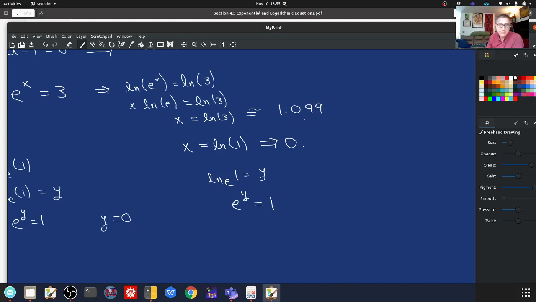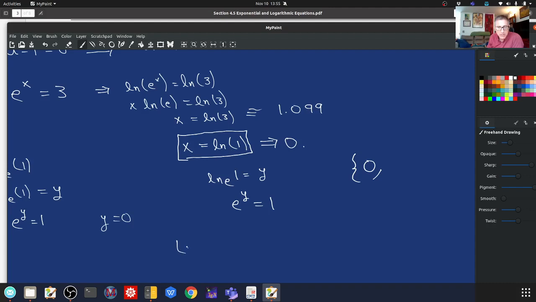Well, I don't know that we're doing this to the nearest thousandth place or not, but if you were asked this, clearly the exact answer would be 0. I would definitely want you to realize that the natural log of 1 is equal to 0.